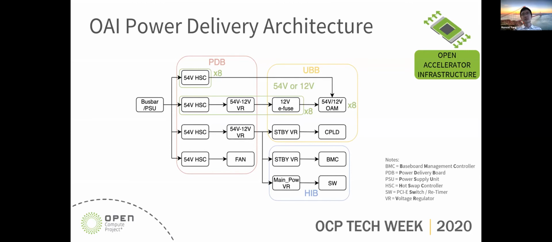If we have a 54-volt OAM, then we'll have the power delivered directly from the hot swap controller to the OAM. And if we have the 12-volt OAM, which is also supported by the UBB, then we'll have the 54 to 12-volt intermediate bus conversion in the middle, and then to the 12-volt E-fuse, and then to the OAM.